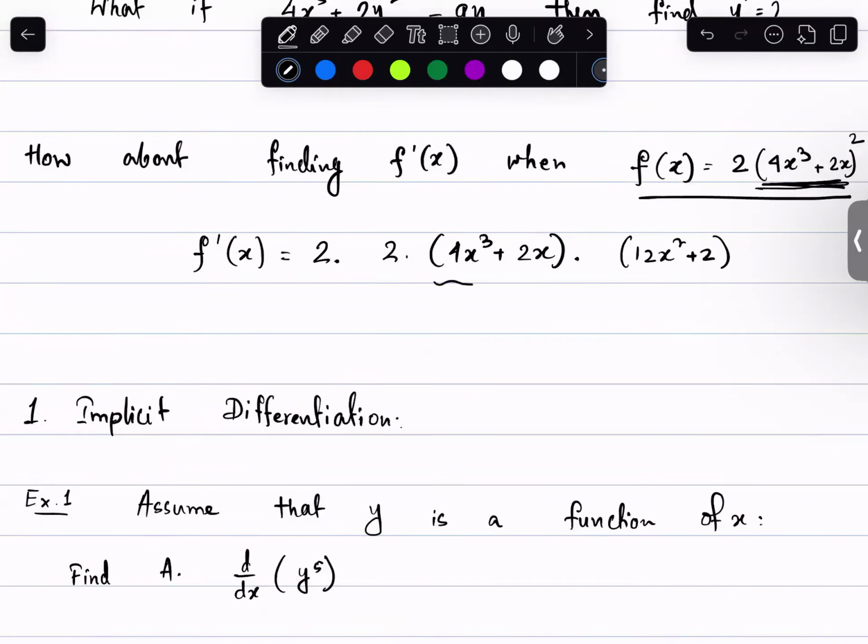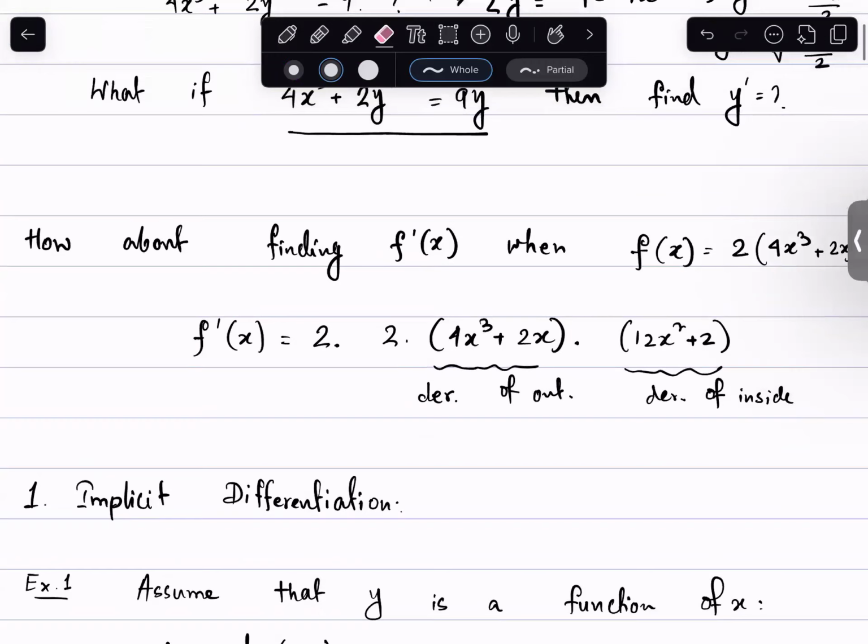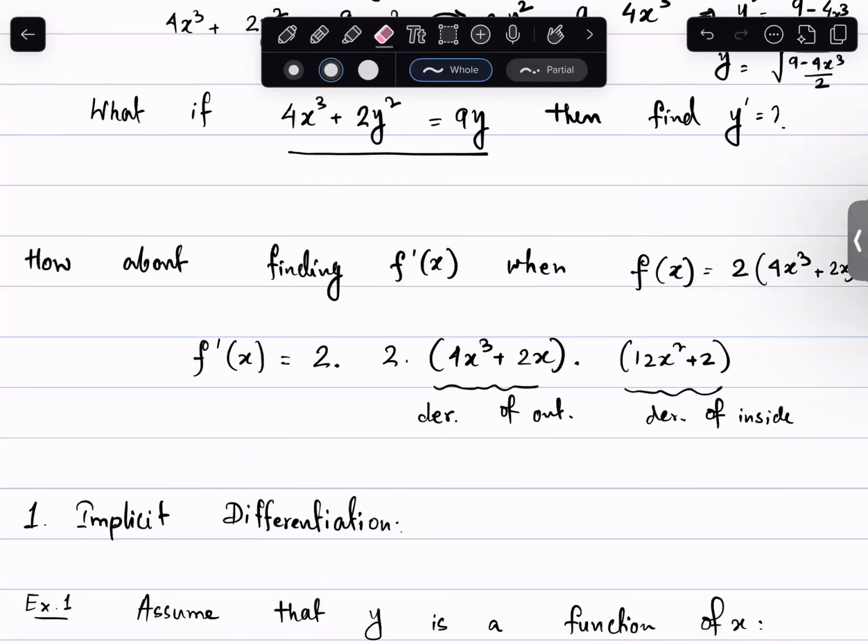This is the derivative of the outside function, and this is the derivative of the inside function, right? This is basically using the chain rule. So what I want to say is you have to use the chain rule several times in these upcoming problems.